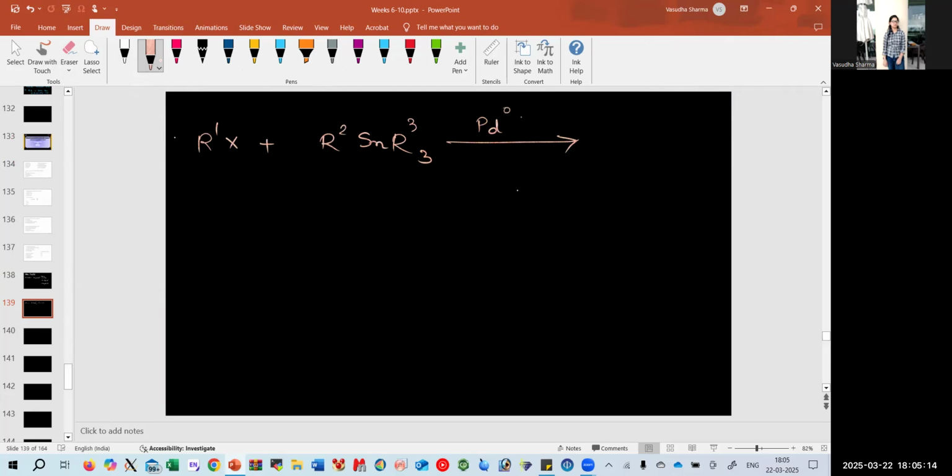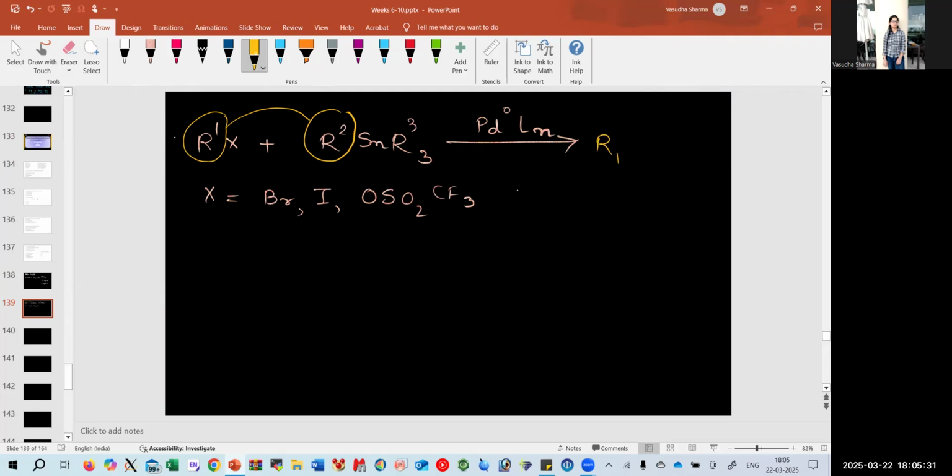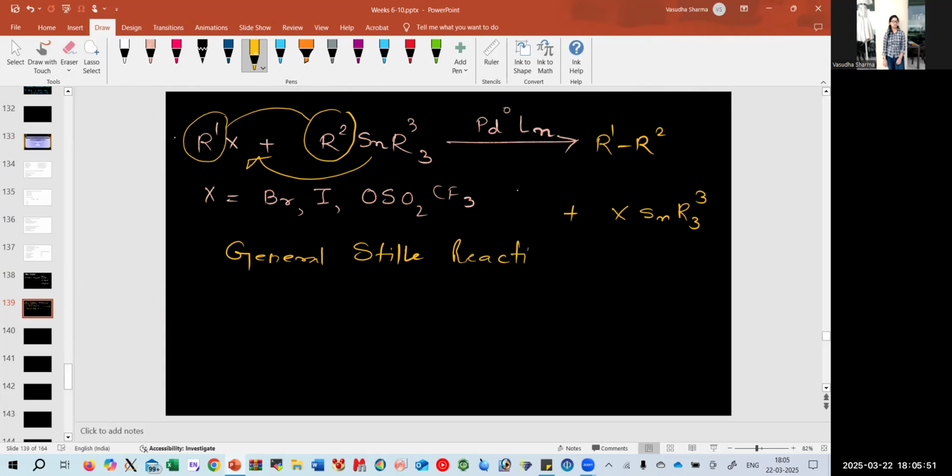In presence of our palladium catalyst, where X can be bromide, iodide, OSO2CF3, this is going to couple with the R2 group, giving you R1-R2, and then taking the halide with SnR3. So this is your general Stille reaction, which we have discussed in detail in our last session.